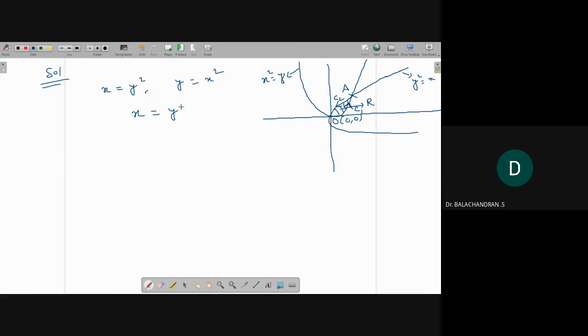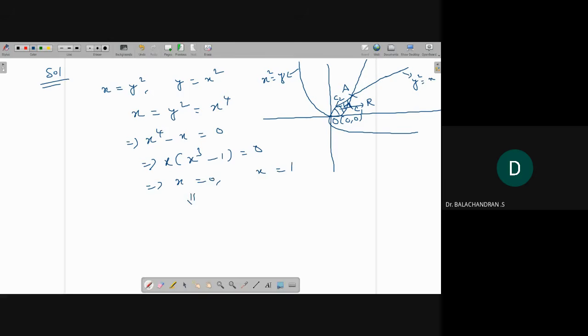So x is equal to y square. So y square equals x power 4, so from this x power 4 minus x is equal to 0. So this implies if you take x common, you'll get x into x cube minus 1 equal to 0. So x is equal to 0 and x is equal to 1.